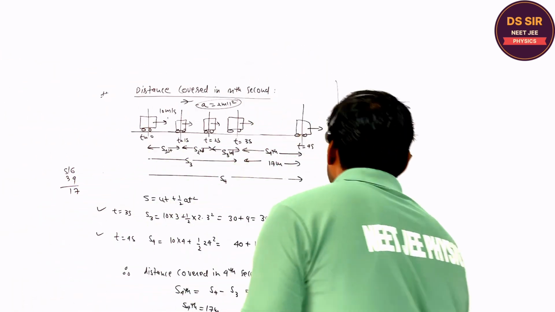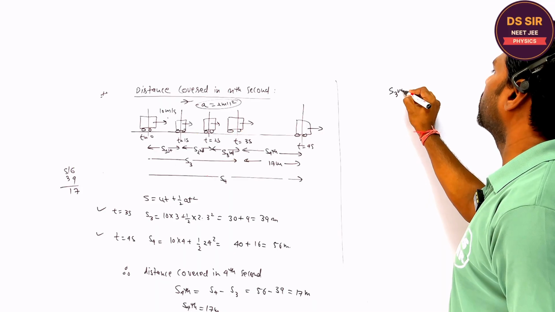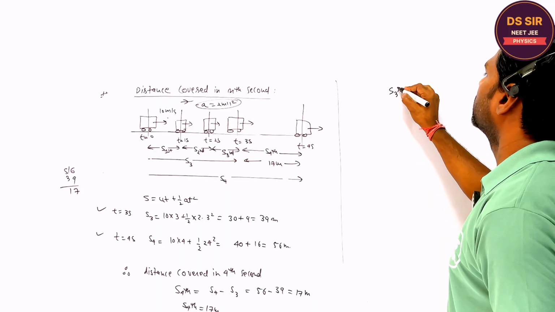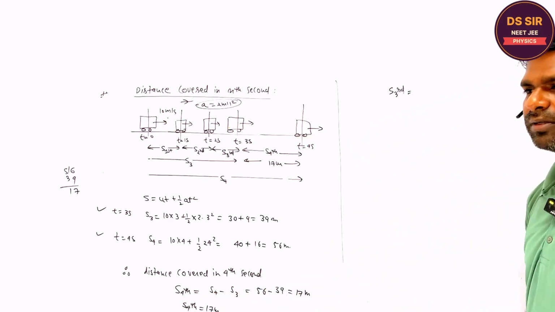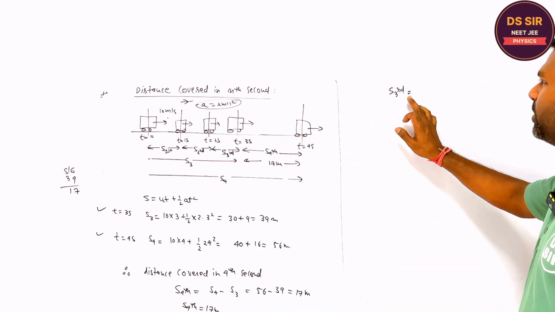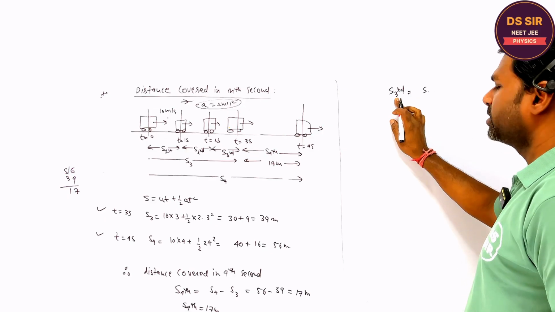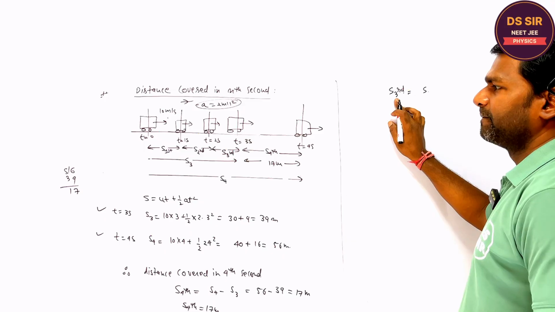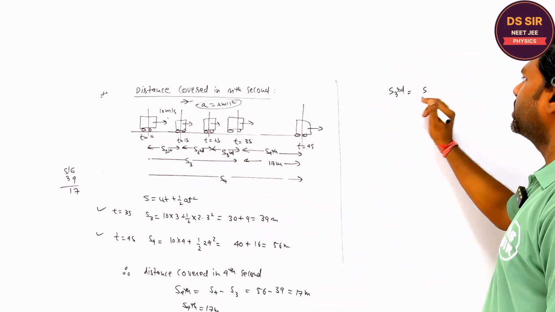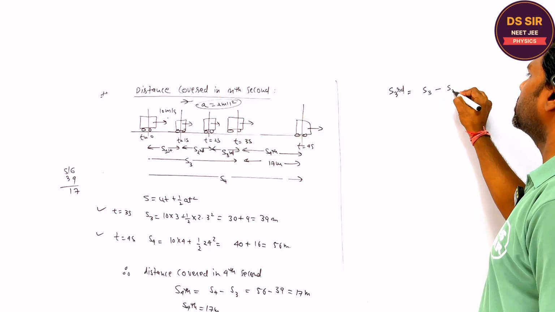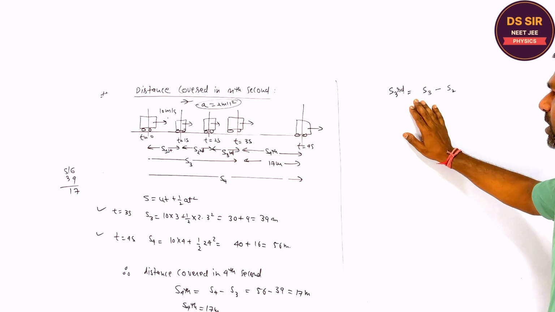So tell me. If I ask the distance covered in third second, what will you write? The distance covered in fourth second means S4 minus S3. In the same way, in third second, what will you write? Yes, distance covered in 3 second minus distance traveled in 2 second. Is it clear or not?